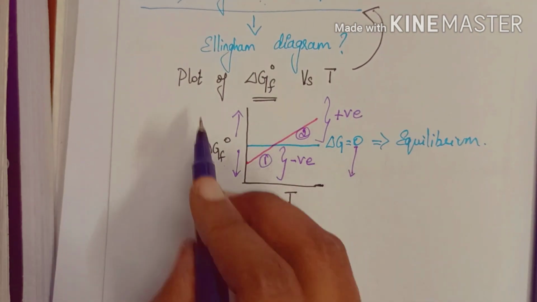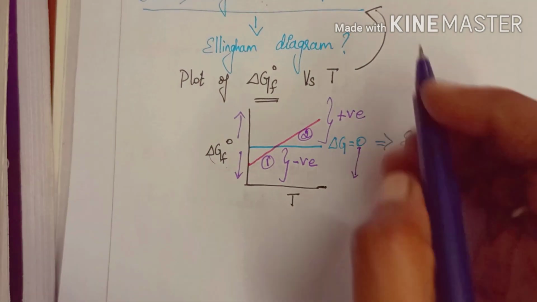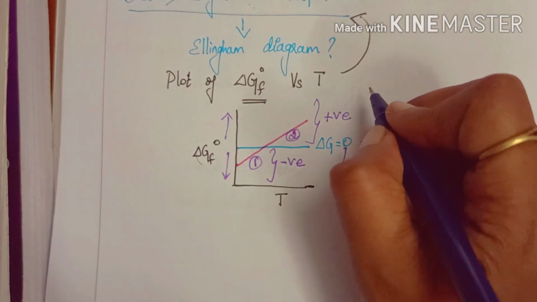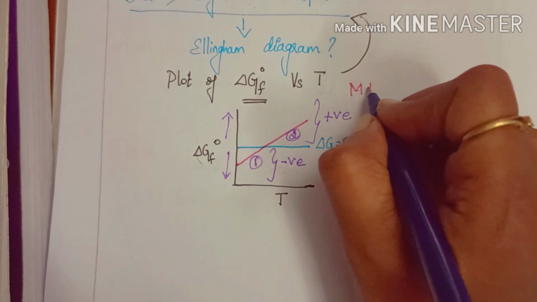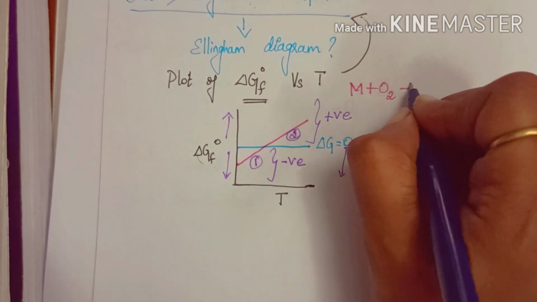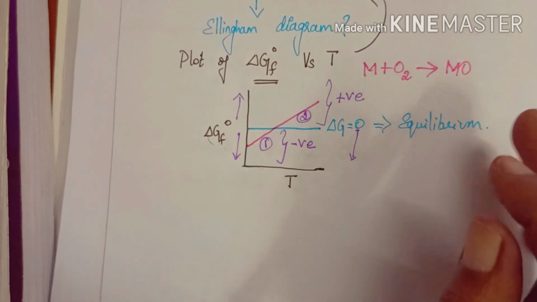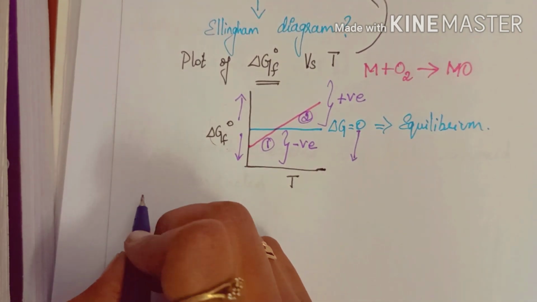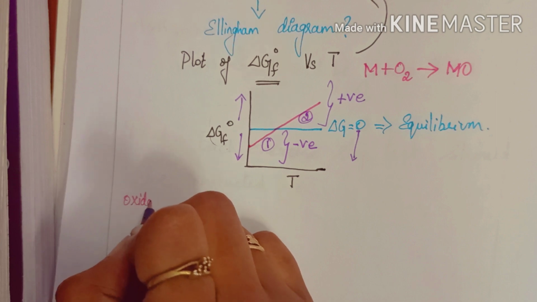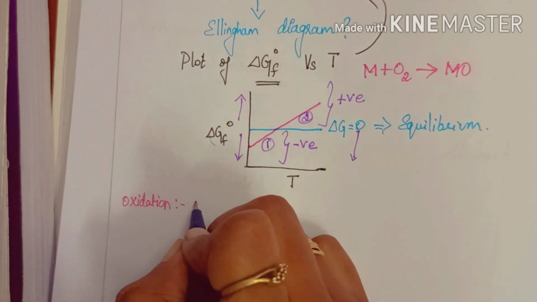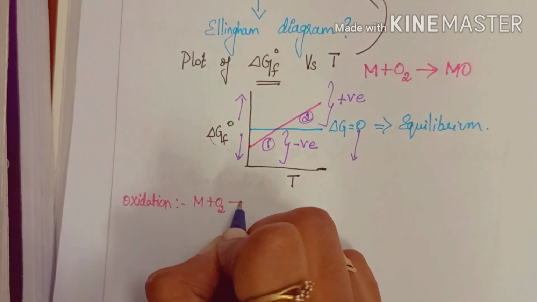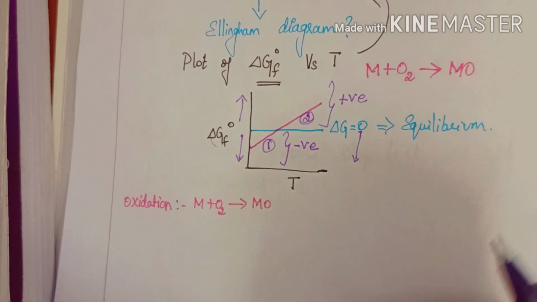And now this is a plot for the equation for the formation of metal oxide. Metal reacts with oxygen to form metal oxide. That is your oxidation part. So oxidation, that is metal combines with oxygen to form a metal oxide.